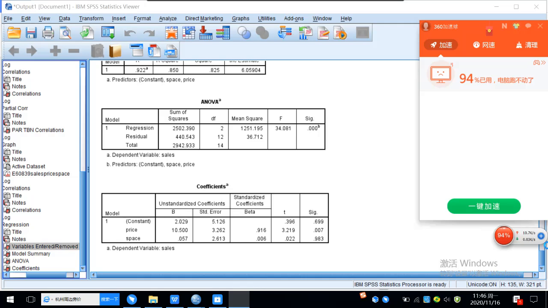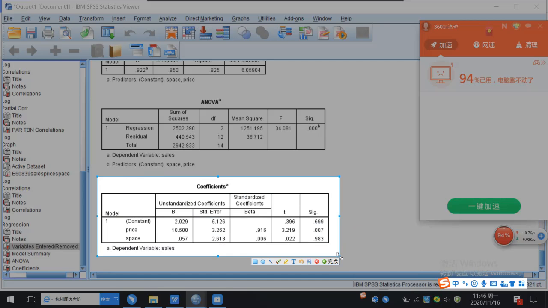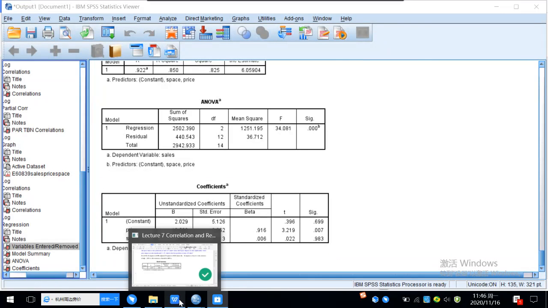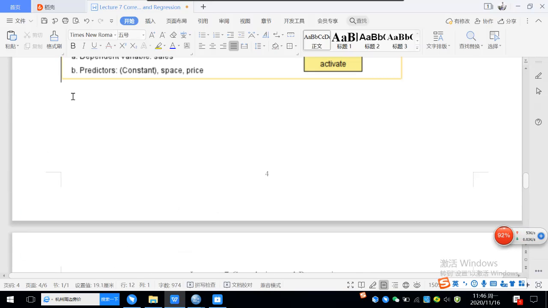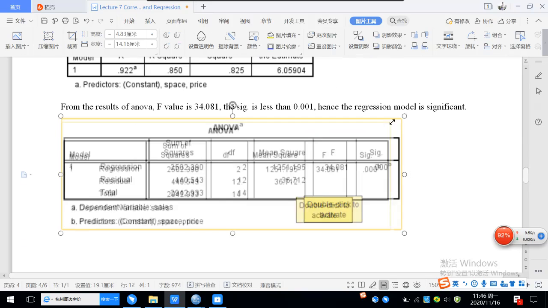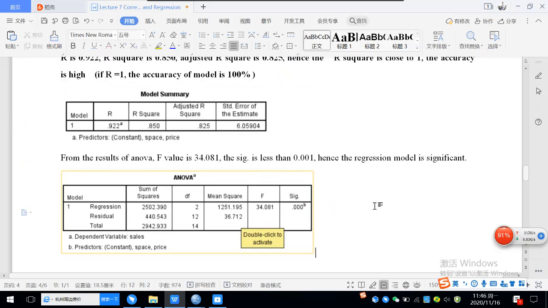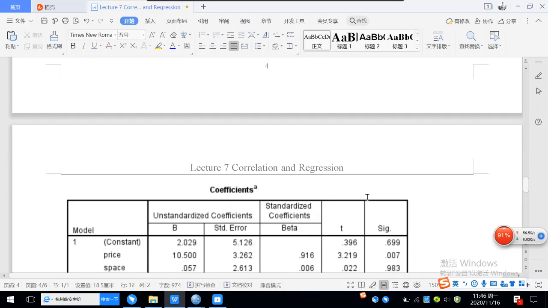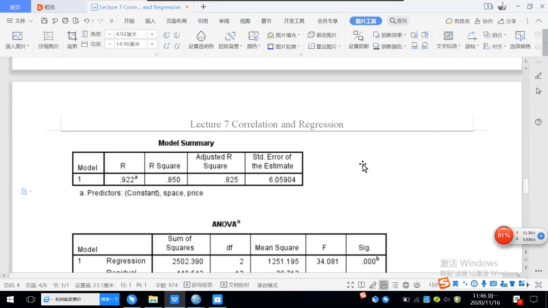The dependent variable is sales. Okay. Let's look at the coefficients here.